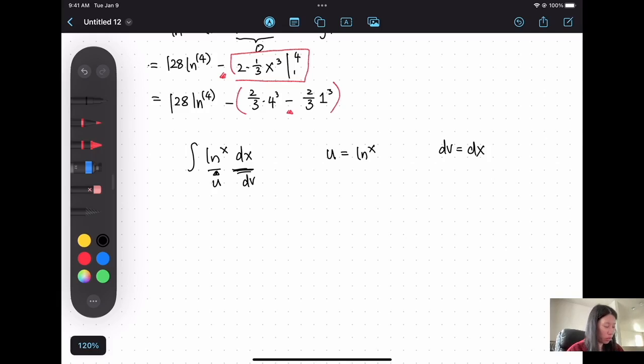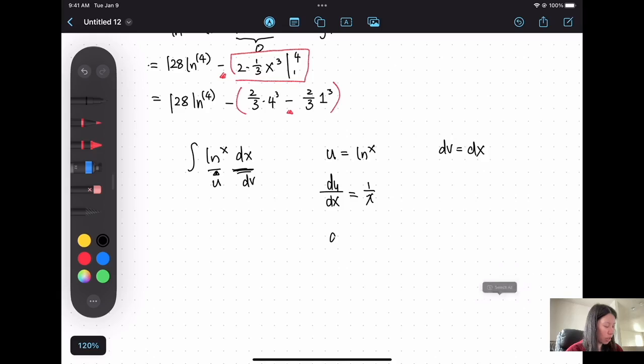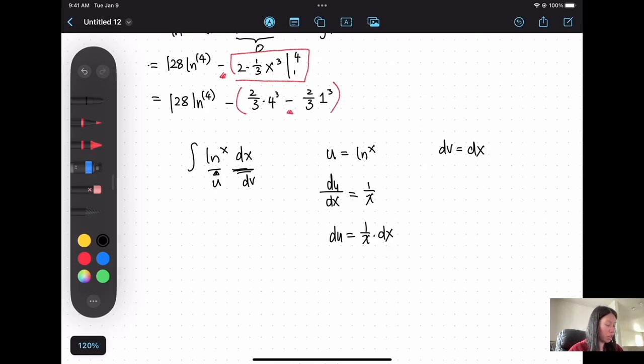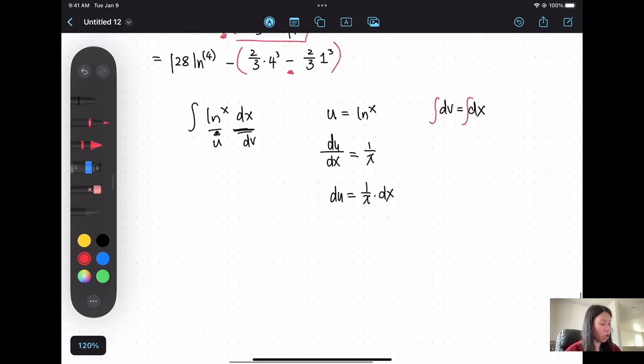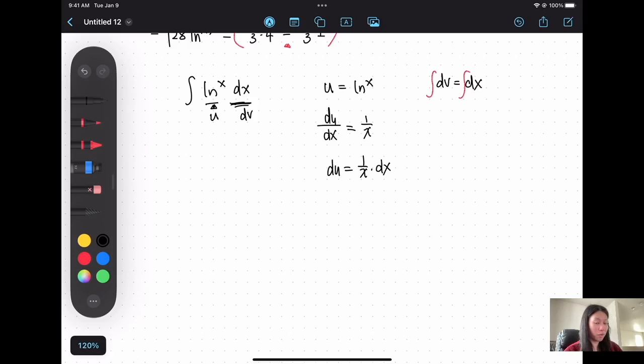Now, after u, we still need to find du. Well, if we differentiate the equation on both sides, I got du over dx is equal to 1 over x, so that our du is equal to 1 over x times dx. And then for our v, if I integrate dv on both sides, I end up with antiderivative and then derivative, so they cancel out each other, so v is equal to x.